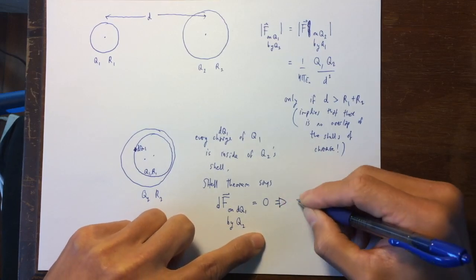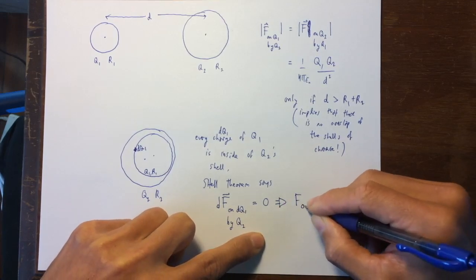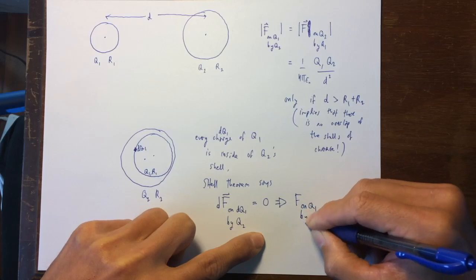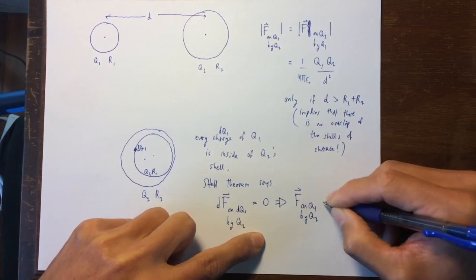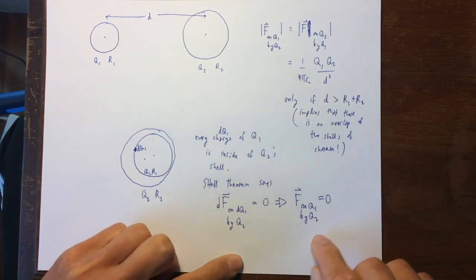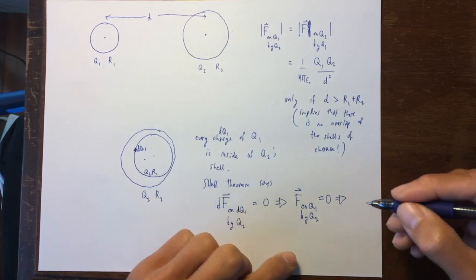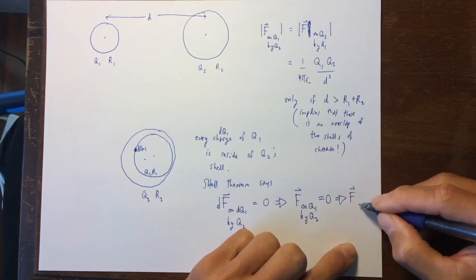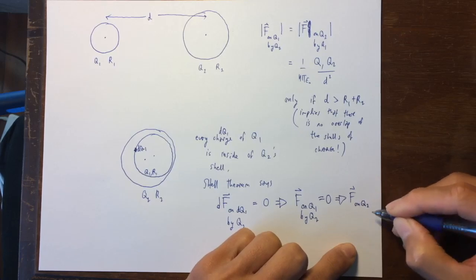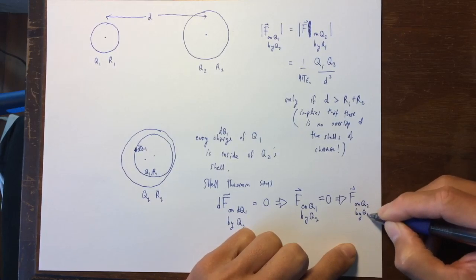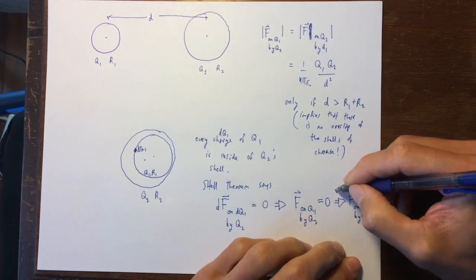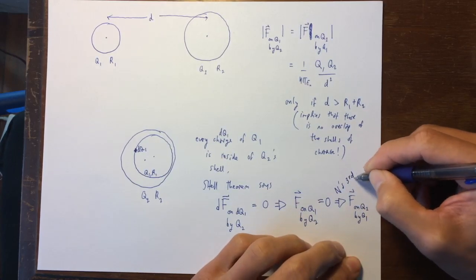So that means that the force on Q1 by Q2 is going to add up to 0, just because of using the Shell theorem. And this also implies, by Newton's third law, that there is no force on the outer shell of charge by the inner shell of charge, right? This one is Newton's third law.